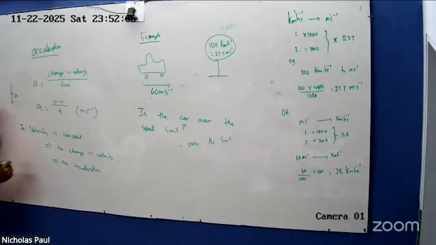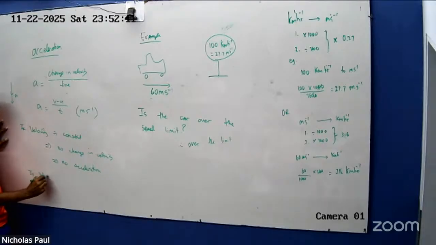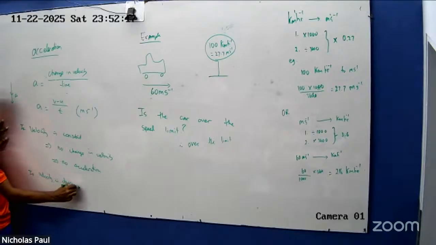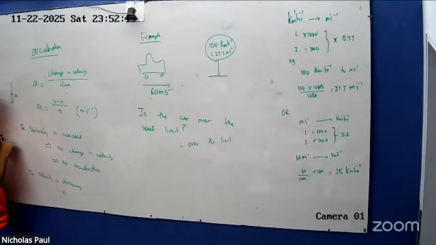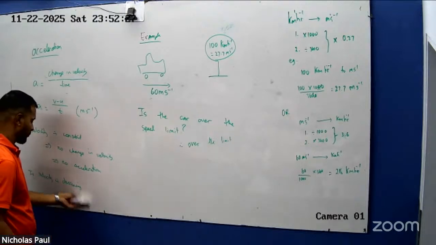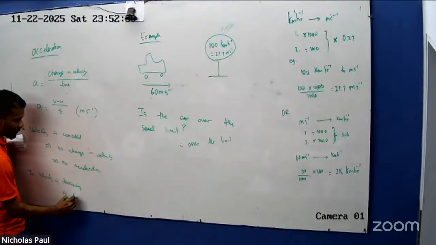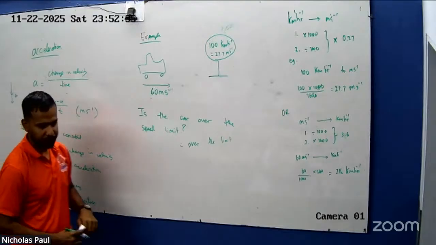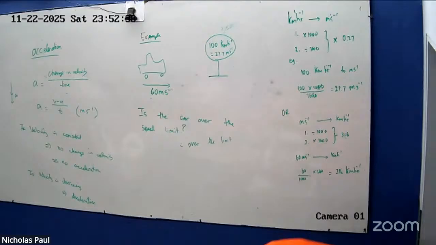And let's use the term Adrian was talking about: if the velocity is decreasing, then we have something called deceleration.